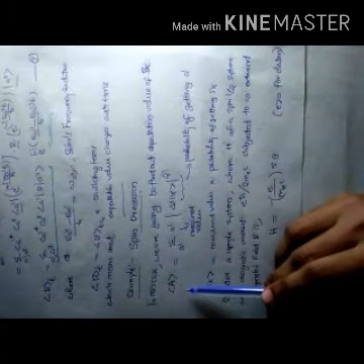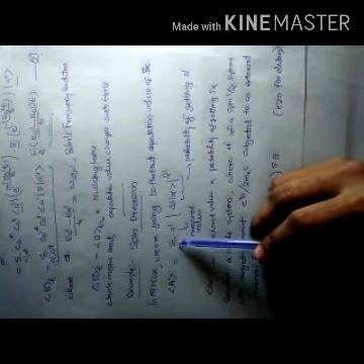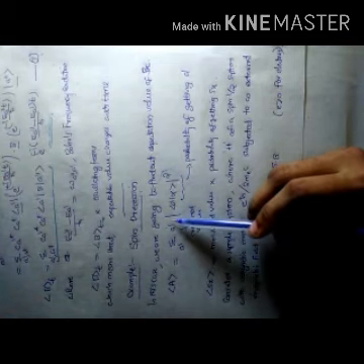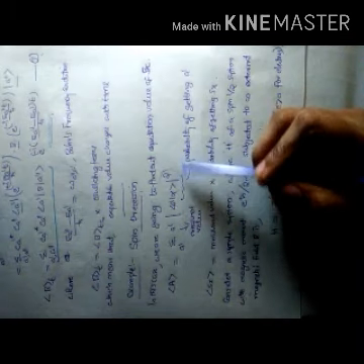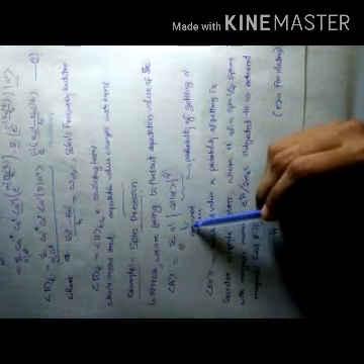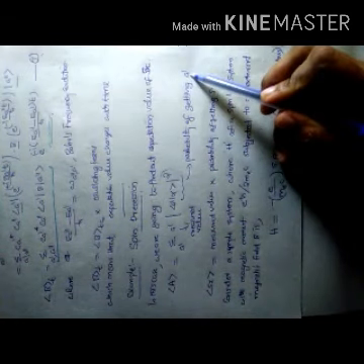Okay, and we already know that for any observable A, the expectation value becomes the summation over a dash of a dash times the mod square of the product of a dash and alpha, where a dash is the measured value and this mod square is the probability of getting a dash.